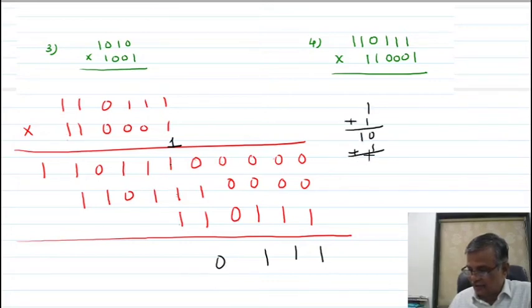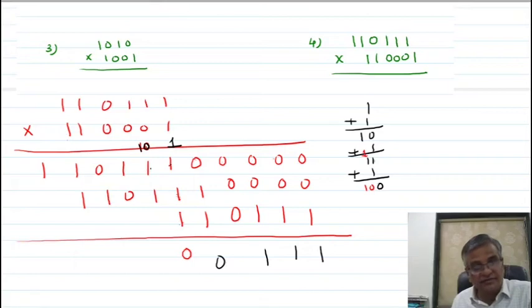Now 10 plus 1 is 11. 11 plus 1 is 0. This is what? 1 plus 1 is 0. Carry is written 1. 1 plus 1 is 10. So look here. 1 plus 1 is 10. 10 plus 1 is 11. 11 plus 1 is 100. 0 and carry is 10.